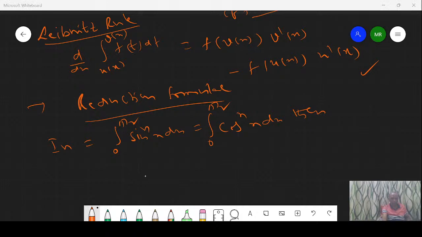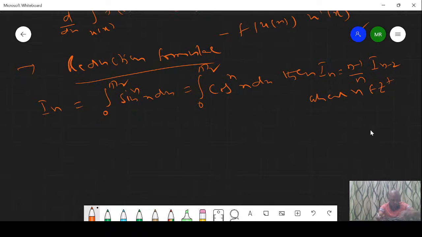When they are given this, then I can write the formula: I n is equal to n minus 1 by n times I n minus 2, where n belongs to Z plus. But here, depending upon even and odd, we can follow.